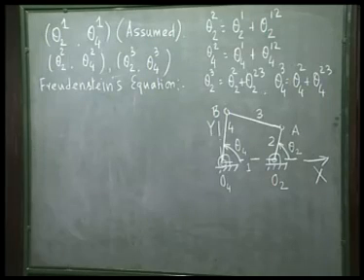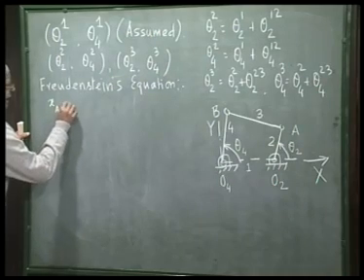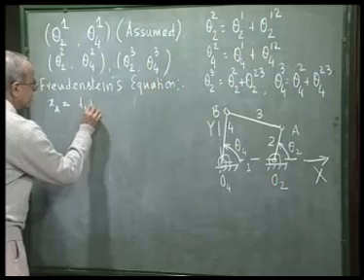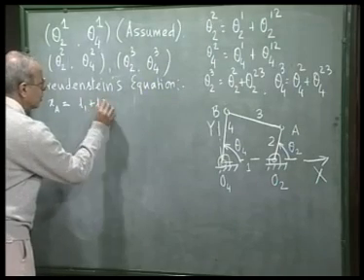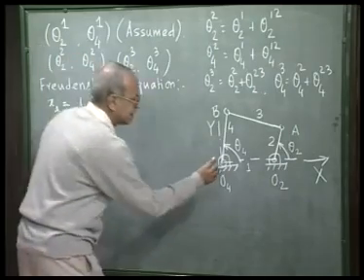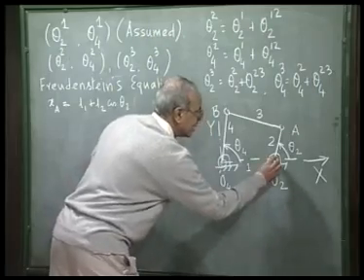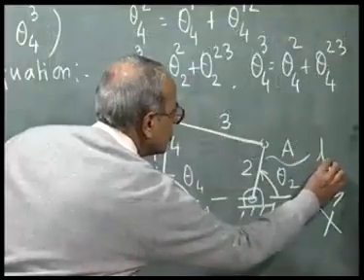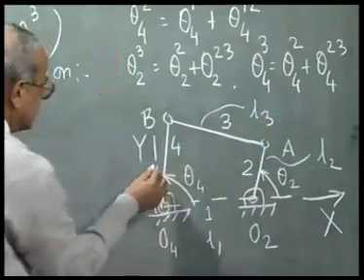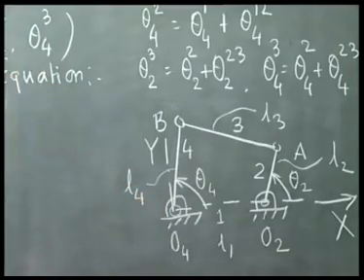Towards this end, we note that the x coordinate of the point A, xa, is given by L1 plus L2 cosine theta 2, where L1 is the length of the fixed link O4 O2, this is L1, and O2A is L2, AB is the coupler length L3 and O4B is the follower length L4.